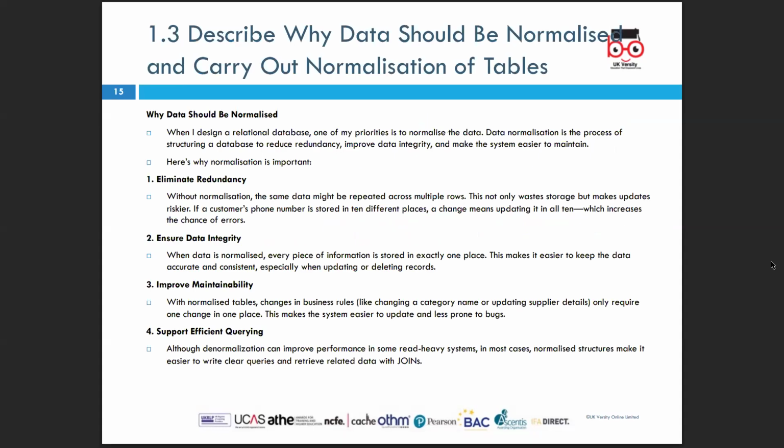Now we're going to describe why data should be normalized and carry out normalization of a table. When it comes to designing a relational database, one of the priorities is normalization, the process of structuring data to reduce redundancy, improve data integrity, and make the system easier to maintain.